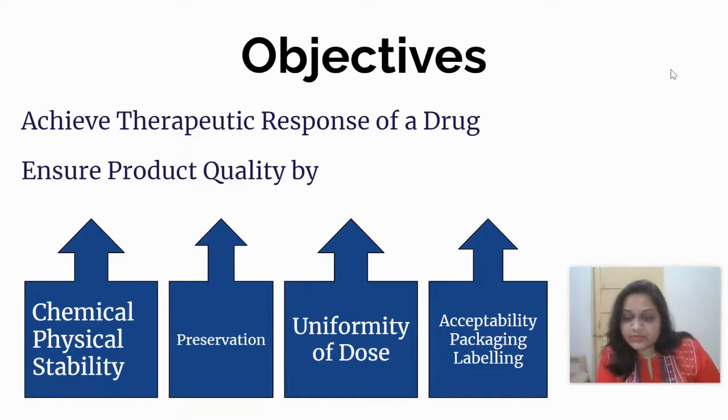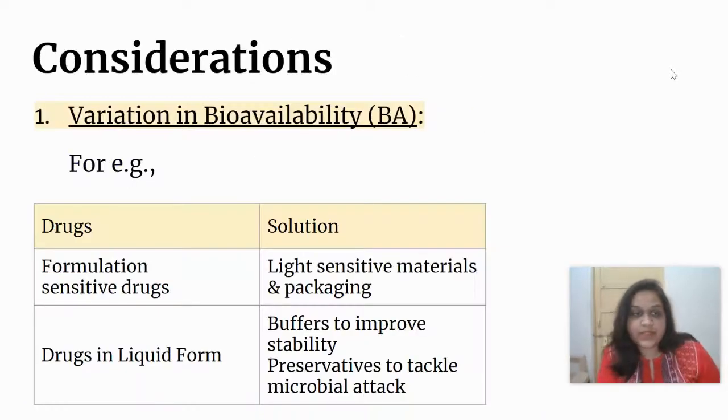So acceptability to the patient is very important. Packaging of the dosage form is also very important because it should be protected from the outer environment, and labeling is also important as it contains all the necessary things: interactions, ingredients, or usage. All the contents are included in the labeling.